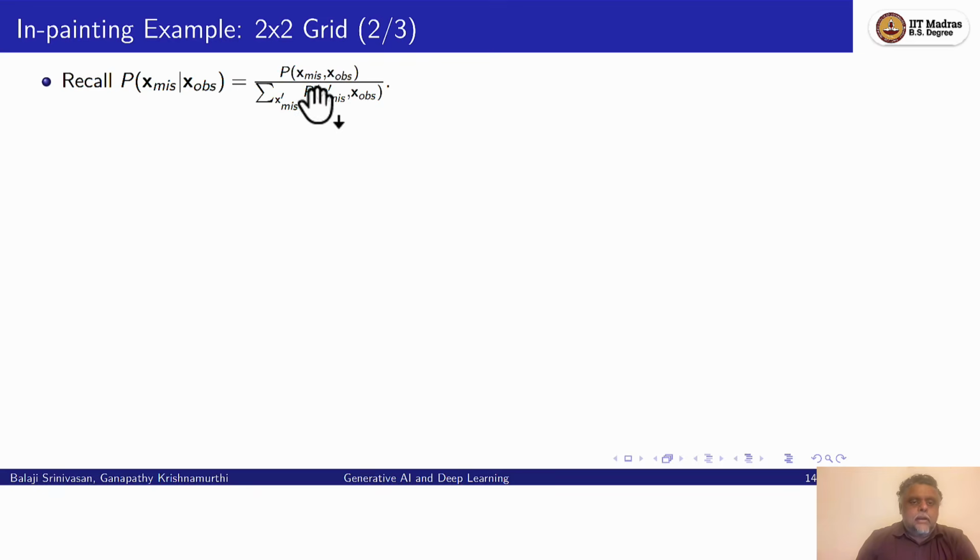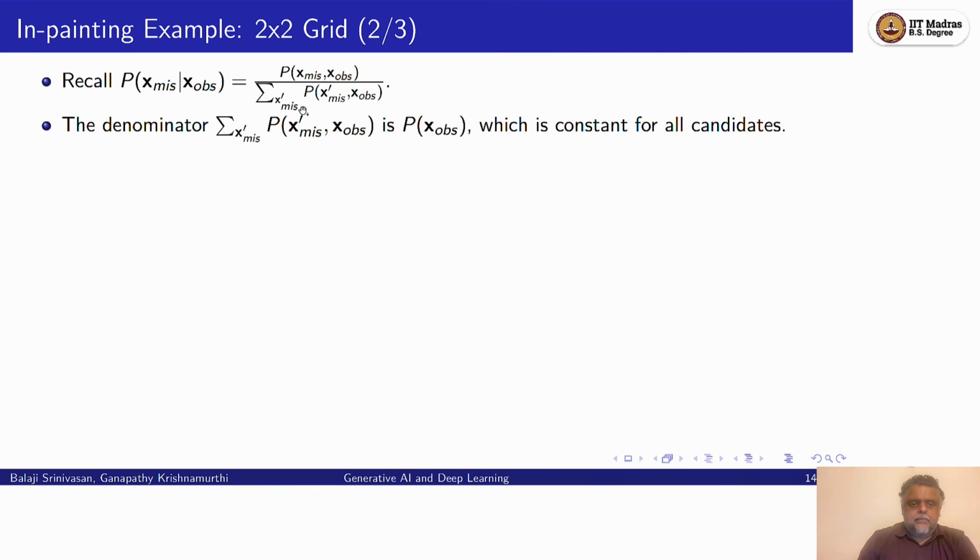So again, we go back to the formula. The probability of x missing given x observed is the joint probability, which is the distribution of the data, divided by the probability of x observed, which we get by marginalizing over the missing pixels. The denominator is just P of x observed, and it is constant for all candidates. It doesn't change based on what is in the numerator, so we can let go of that.